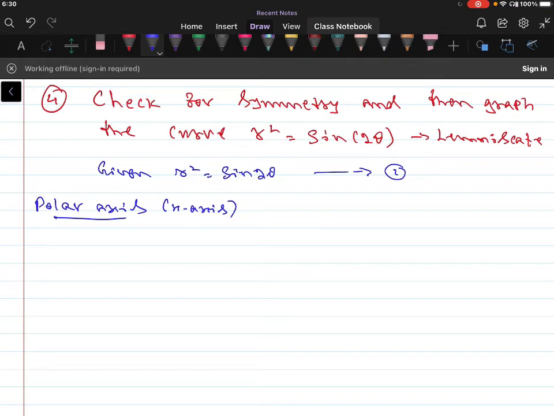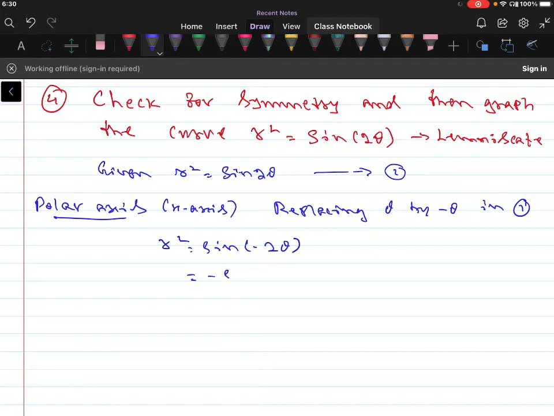Just by replacing theta by minus theta in equation 1, we get r square is equal to sine of minus 2 theta. So that is equal to minus sine 2 theta, since sine of minus theta is equal to minus sine theta.